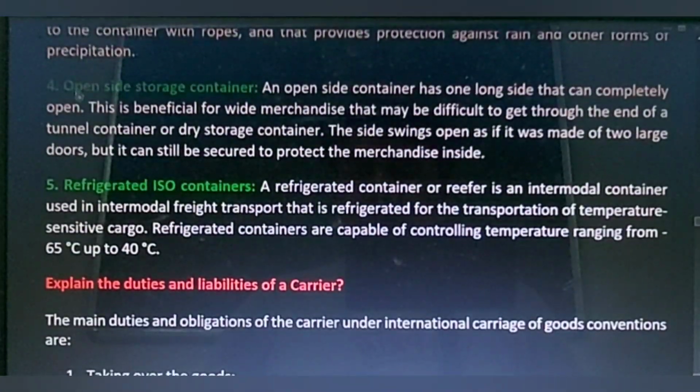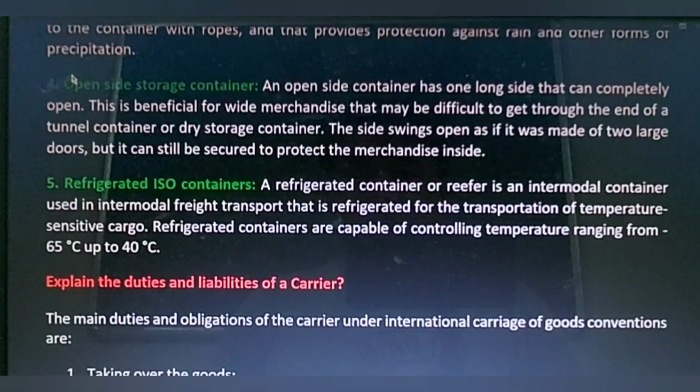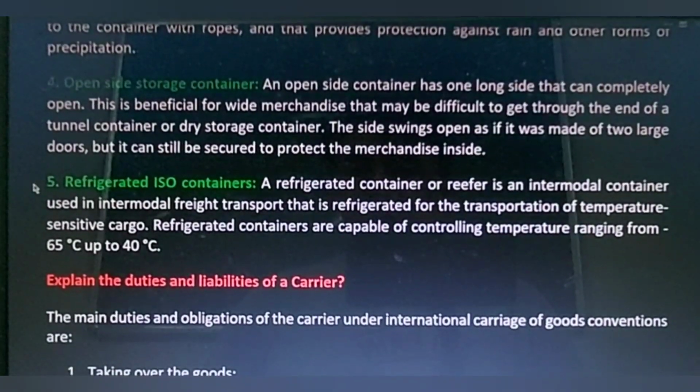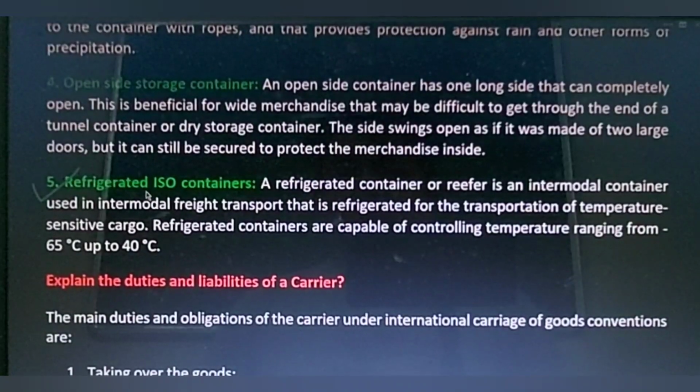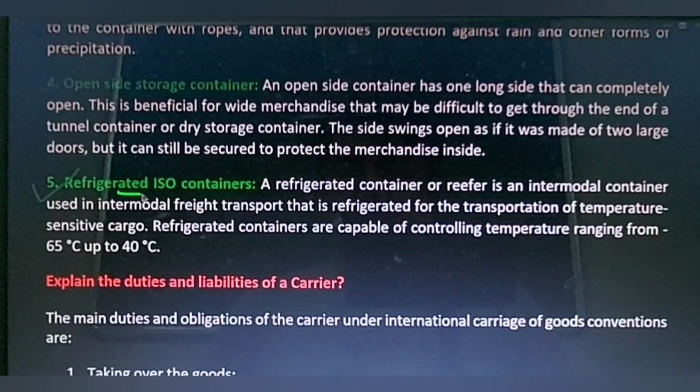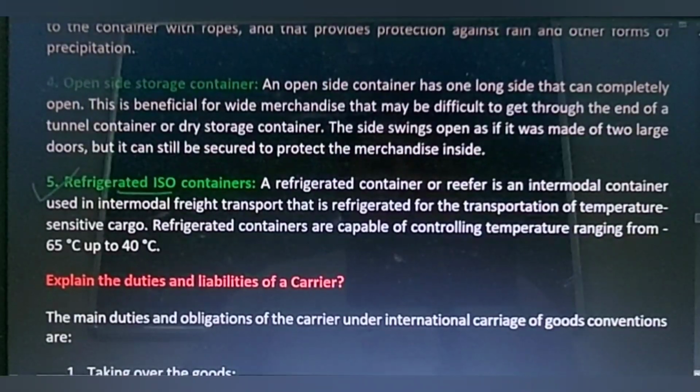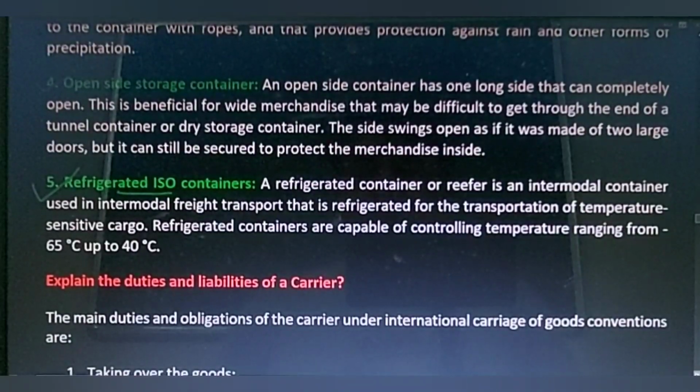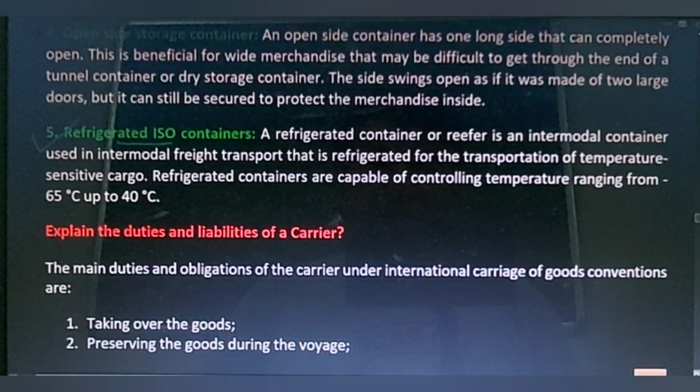Then open side container, which opens from the side. Then refrigerated ISO containers, that means for all these fruits and vegetables, you need some special refrigerated containers. So like this, you can explain these points.